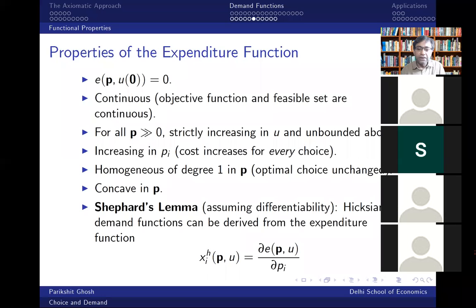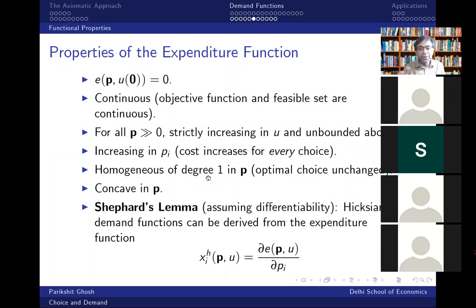But then if you look at the optimality condition, MRS equals price ratio, when all prices double, the price ratios don't change. So the same basket of goods remains optimal after all the prices have gone up by the same factor. Therefore, if all prices double, you continue to buy the same basket of goods, and it's twice as costly as before.